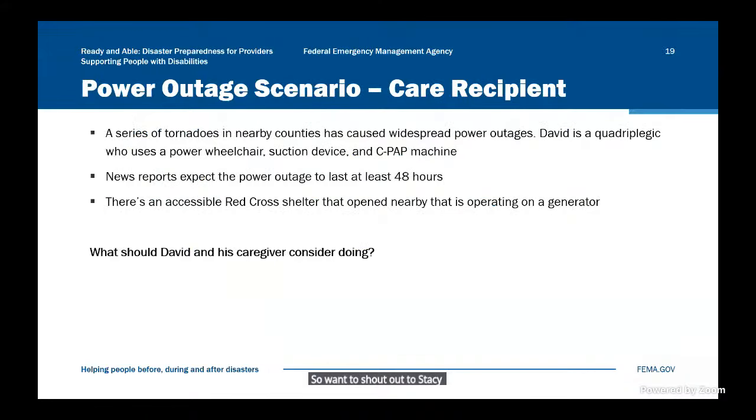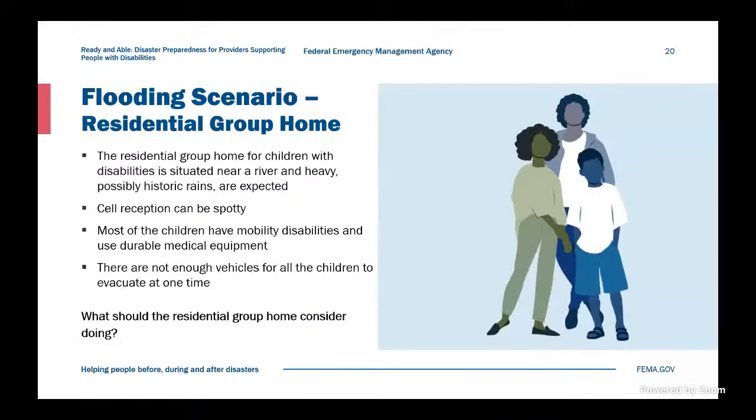Thank you. Okay. Well, in the interest of time, these are my two scenarios, but I'll skip the power outage one because we've covered that quite a bit. And I'll go into this flooding scenario. If you just want to put in the chat what your thoughts would be, I'll read it out loud. It's just thinking as a provider, as an individual, based on some of what we've said.